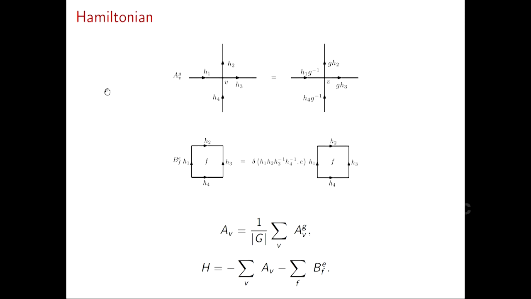And it is not hard to show that this A_V and this flux operator will commute if V and F are adjacent. Since I'm working in a two-dimensional space, for every vertex and face, the common support of the face operator and the vertex operator is these two edges.